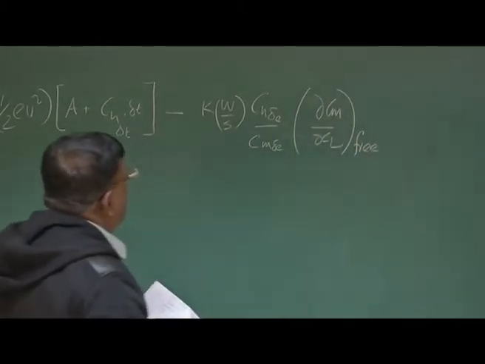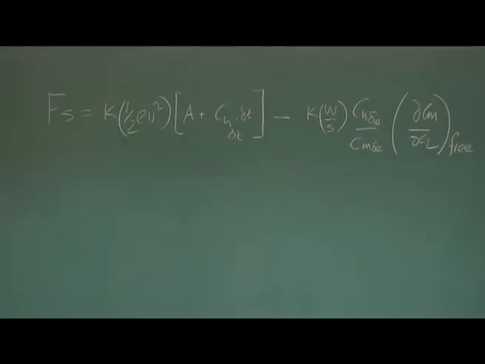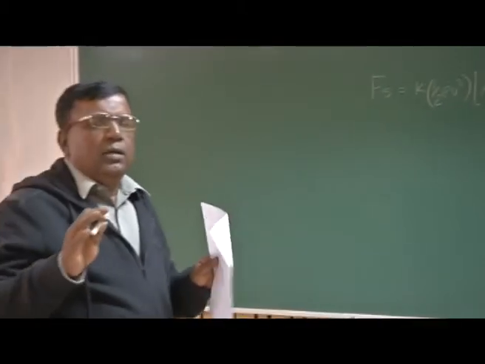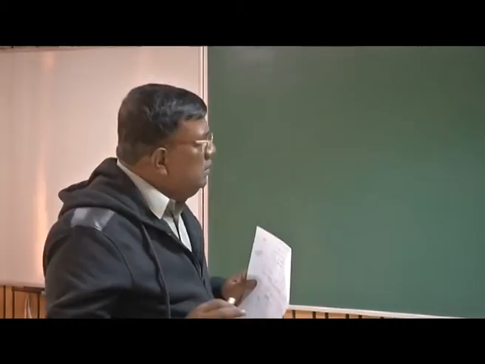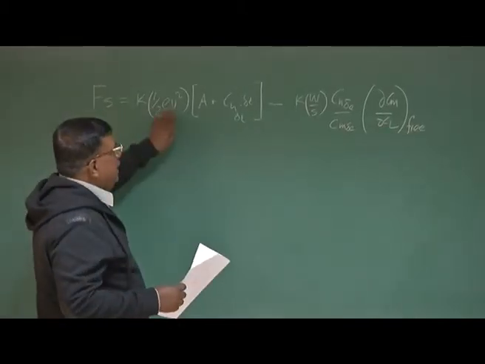Please understand one thing: whatever derivation you have done, you should do once, and then focus on something very important. After all those juggleries, we got the stick force expression like this.